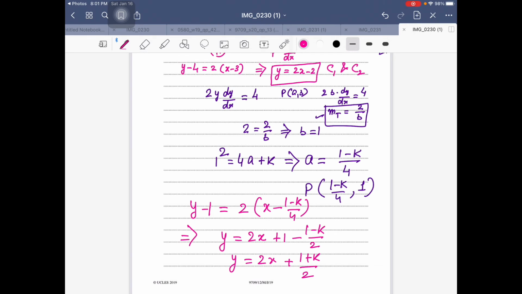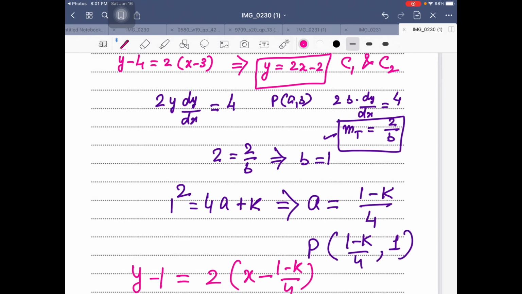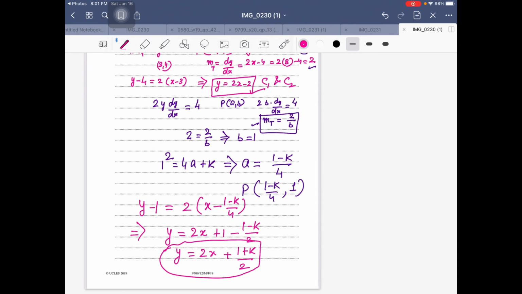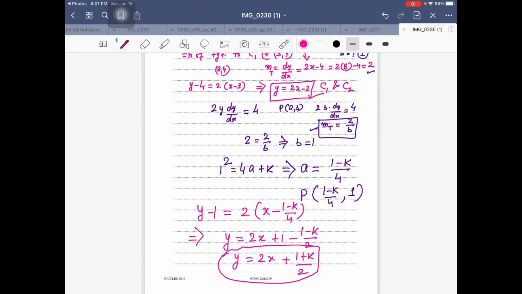Now this is the equation of the tangent to curve C2, and this is the equation of the tangent to curve C1, and that's the same tangent. So we can match up the constants. If we match up the constants, (1 plus k) over 2 should be equal to minus 2. That will give us the value of k.